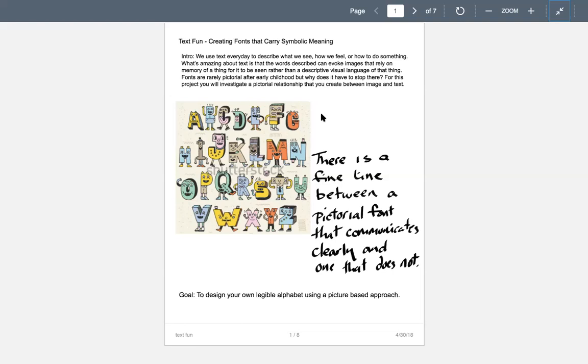So what we're going to be examining here is this idea of the fine line between a pictorial font that communicates clearly and one that does not. That would be a font perhaps that's so pictorial that it doesn't communicate well. And so we have to find that line.